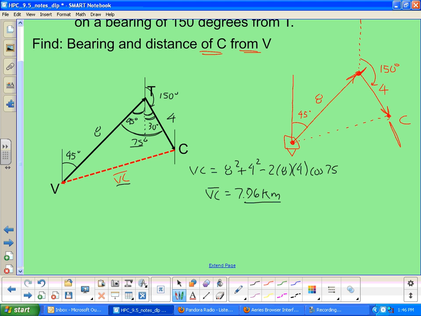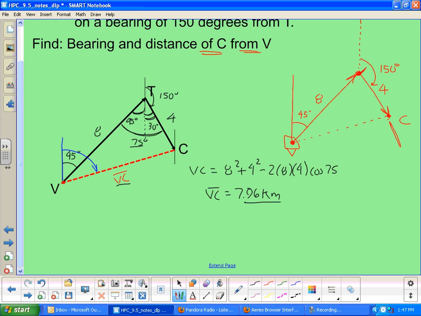Okay, now that's the distance part. But we're supposed to find also the bearing part. Now again, we're going from V to C. That means in my drawing, I need to know this angle, from the north line at V to the line that I get here of V to C. Those are called sight lines.